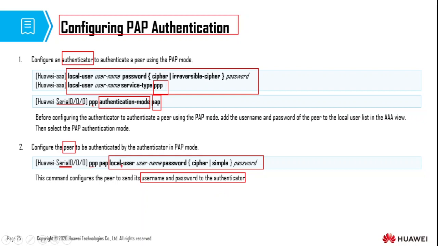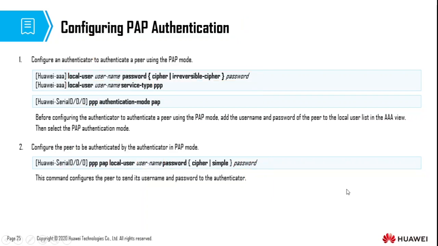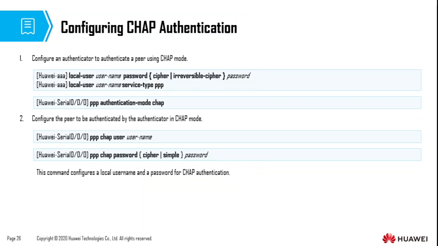You're just repeating whatever we have on the authenticator, so that when this peer wants to be authenticated, it sends this username and password to the authenticator.